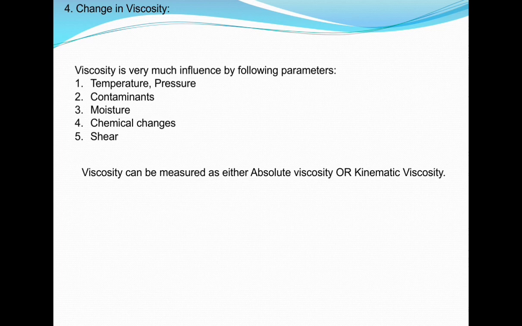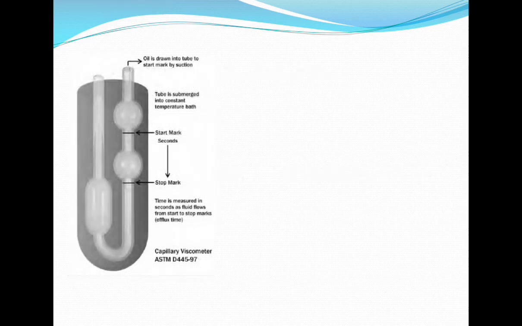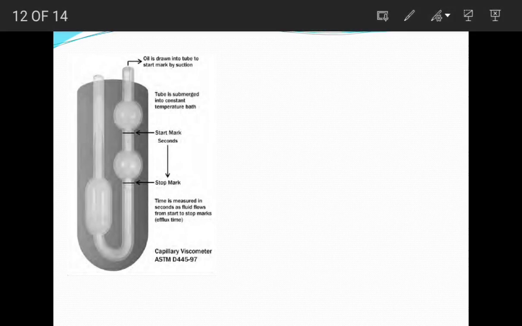First we'll measure the kinematic viscosity by capillary viscometer. You see, this is the capillary viscometer, and here there is a start mark and there is a stop mark. When oil drops down from the top and reaches the start mark, there we have to start the stopwatch, and when it reaches the stop mark we have to stop that, and we have to check what is the time.